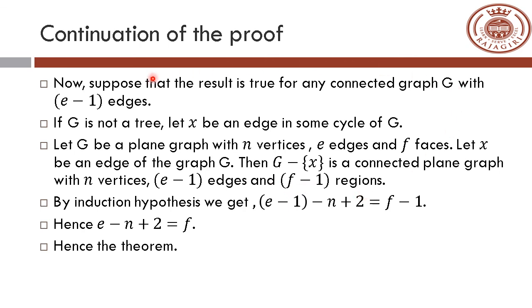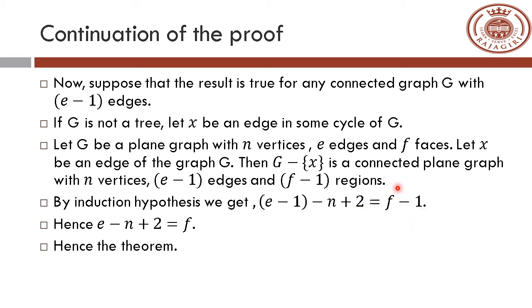Because of our assumption, for the graph with e - 1 edges, the relation in Euler's theorem is satisfied. Therefore, by the induction hypothesis, we get (e - 1) - n + 2 = f - 1, the number of faces in the current case.